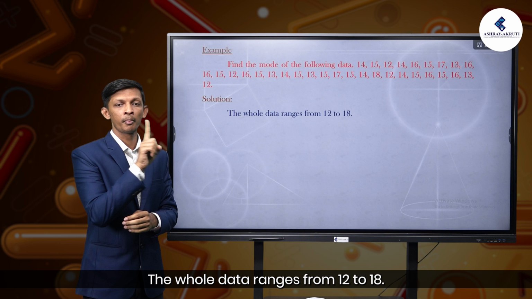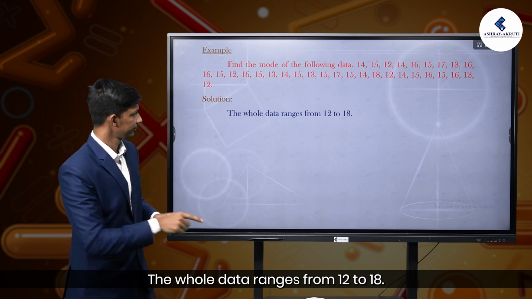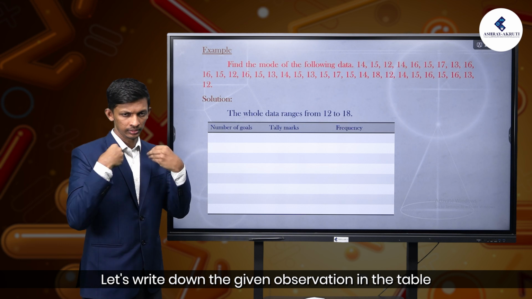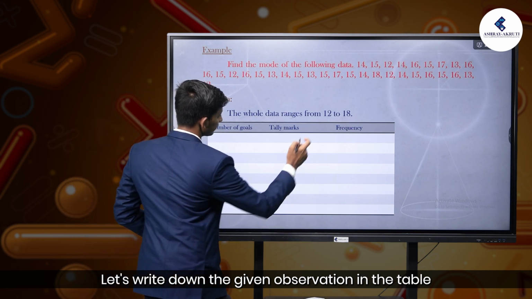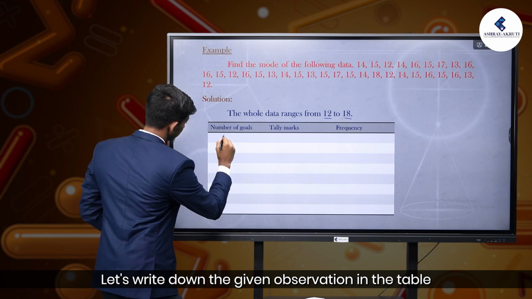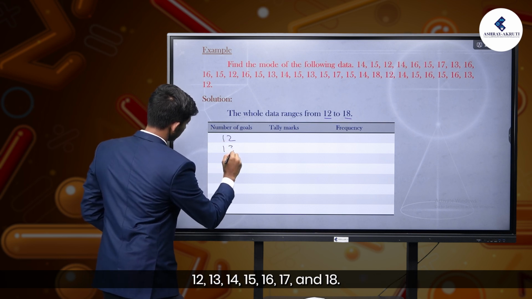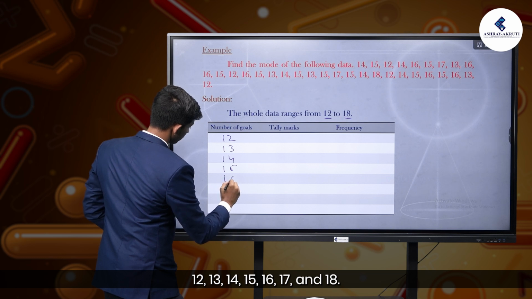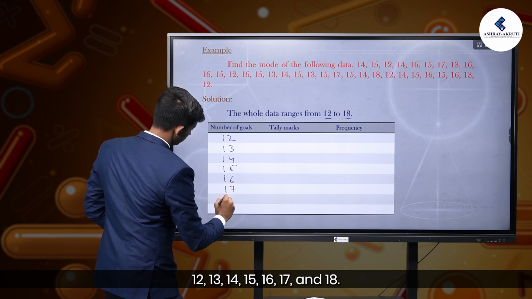The whole data ranges from 12 to 18. Let's write down the given observations in the table: 12, 13, 14, 15, 16, 17 and 18.